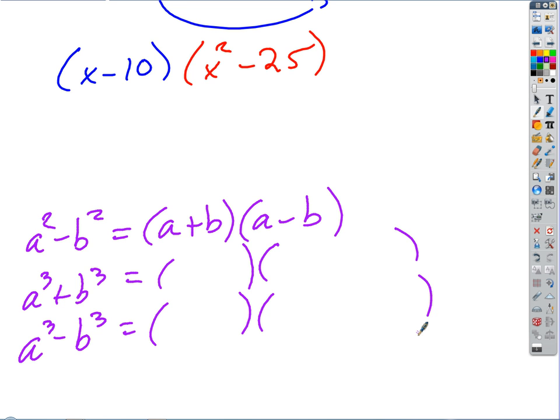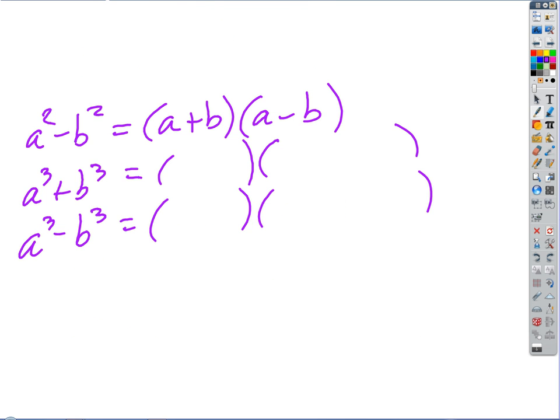So what's a cubed plus b cubed? Sum of cubes. How does that one factor? A plus b, and then we're going to get an a squared, minus. We always start with the same sign that we're factoring. Alternate, so it becomes minus, and ends up with a plus every time.